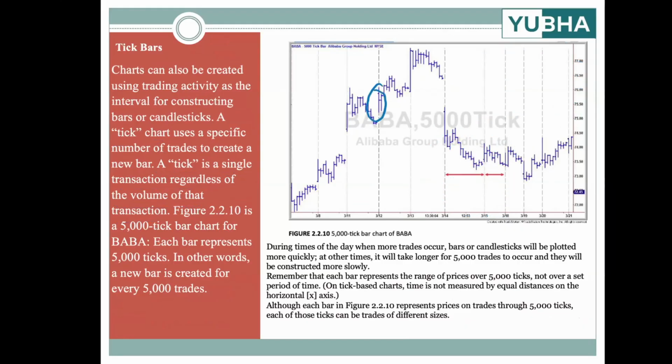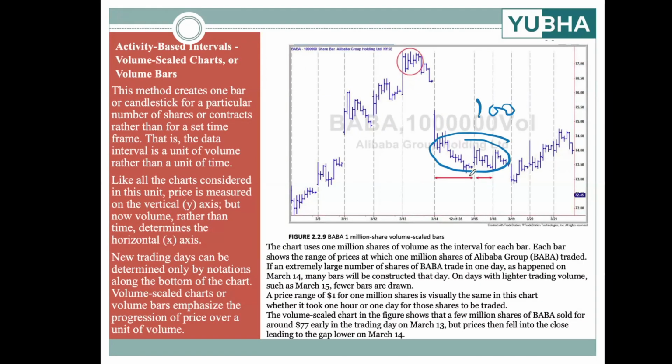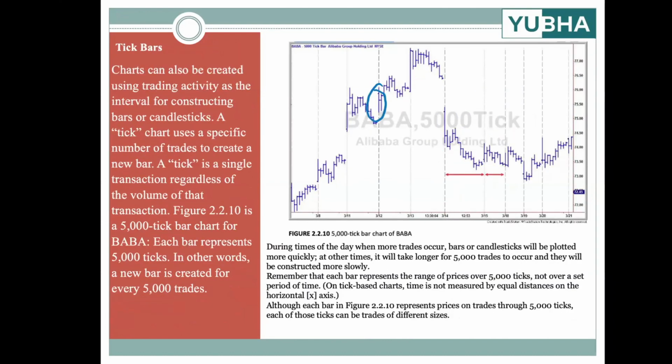In the previous volume bars, we were looking at the number of shares, which is the 100 in our case. Over here, we are looking at the number of orders, irrespective of the volume. So if there are 5,000 orders being plotted, those 5,000 orders can have a million shares, they can have 5,000 shares, because here we are plotting tick by tick rather than the actual volume of the bars.